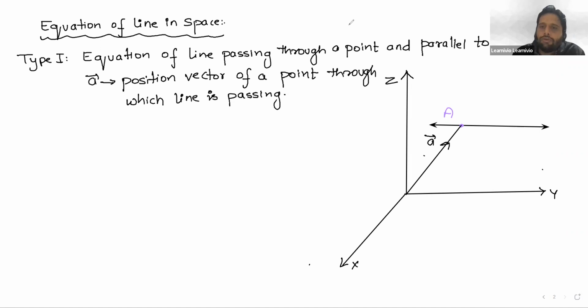Now your line is parallel to a vector. So we have this vector b. This is your line. It is passing through point A and it is parallel to vector b. Now, what is vector b?